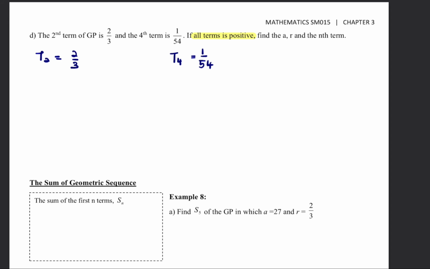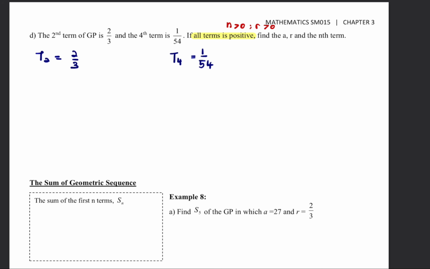apa maksud all terms are positive? Okay, contohlah, first term positive, second term positive, third term positive. Obviously kalau kita bahagikan dia, kita akan dapat positive common ratio, betul tak? Kita akan dapat positive common ratio, ataupun sebenarnya kita boleh tahu yang n kita sebenarnya sentiasa positif, ataupun R kita akan jadi positif.